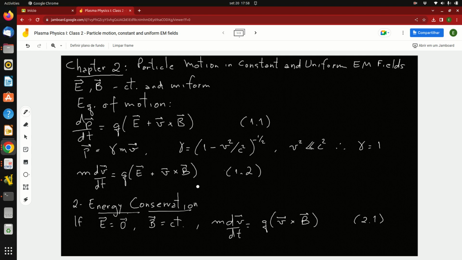Then we'll multiply this equation by v, or actually do the dot product with v. So we have dv/dt dot v on this side and the same on the other side, dot v. Here we know that v cross B is perpendicular to v, so if you do a scalar product with v, it has to be 0, right?